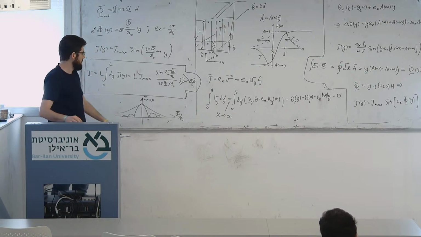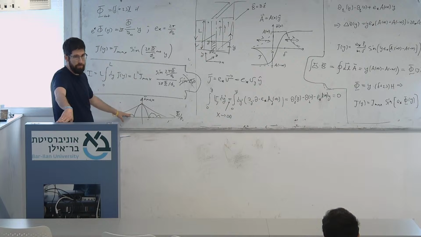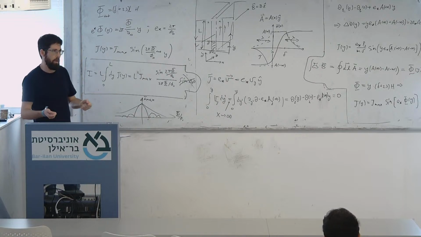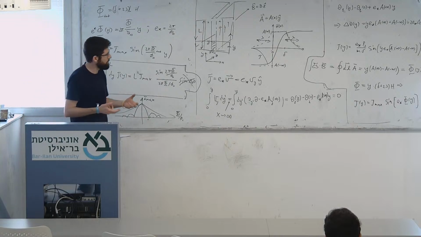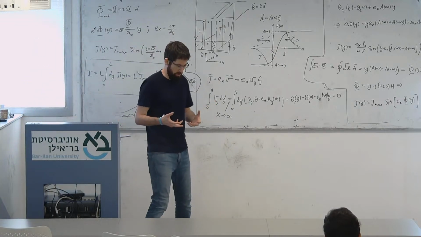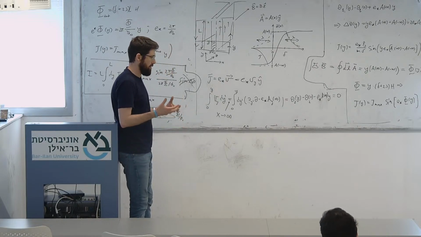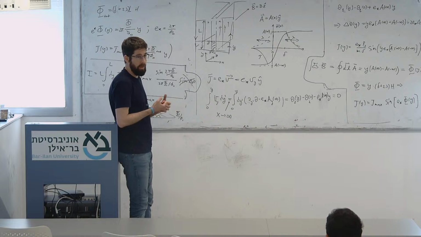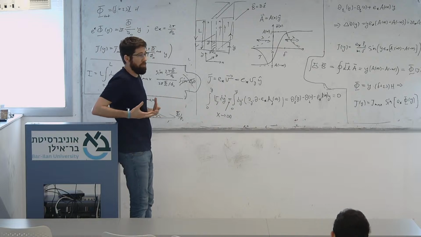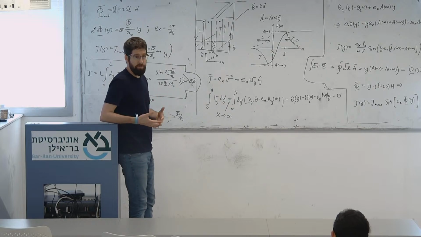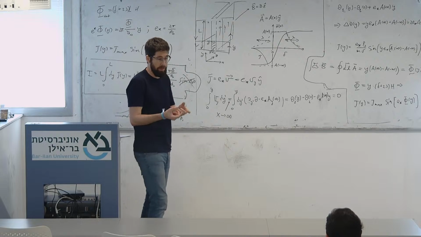But one of the disadvantages of this is that there are two things pulling us in different directions. On one hand, we might want to make this device sensitive to magnetic fields, say we want to detect very small magnetic fields.